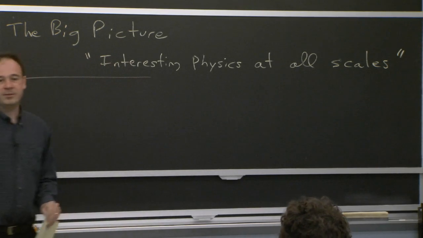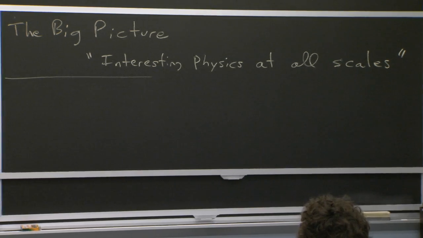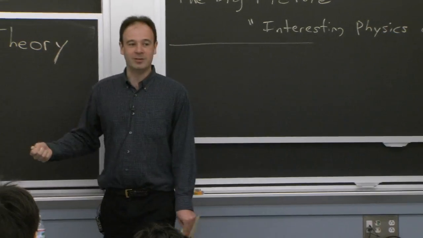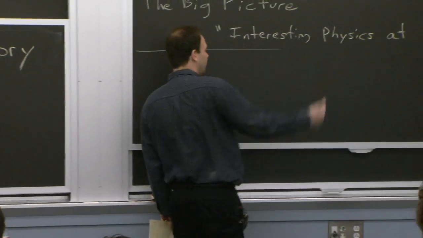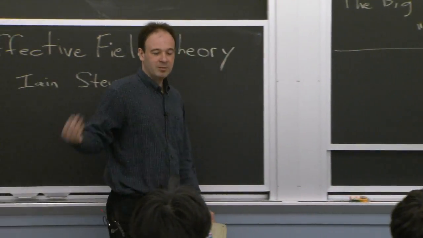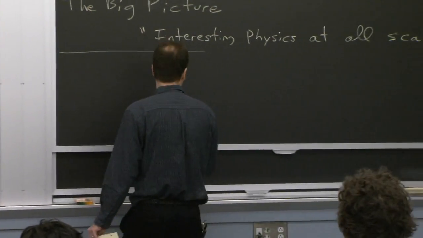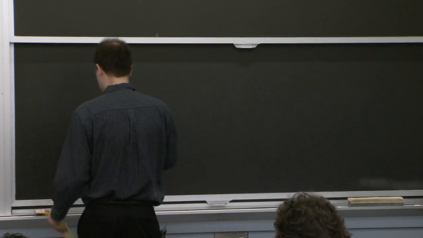Now, that's a little different than how we teach physics. If you think about drawing a diagram from your freshman year to now, for many of you in graduate studies, of how you learn physics, it was not by focusing on individual particular scales, but more from a bottom-up point of view. So I would draw a picture of how we teach physics in the following way.